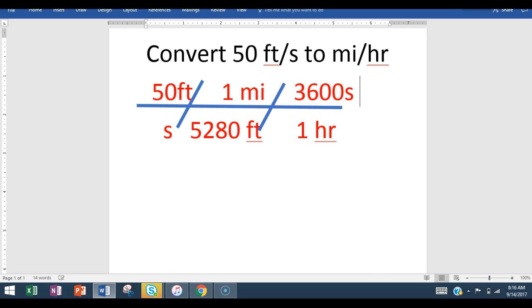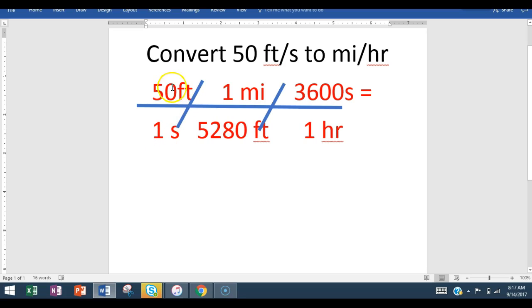And then that'll give me the answer that I want. So feet will cancel out with feet. This second will cancel out with this second, and then we'll be left with miles per hour, which is the desired unit. Whenever the unit's like this, you're always going to pretend that there's a 1 down here.